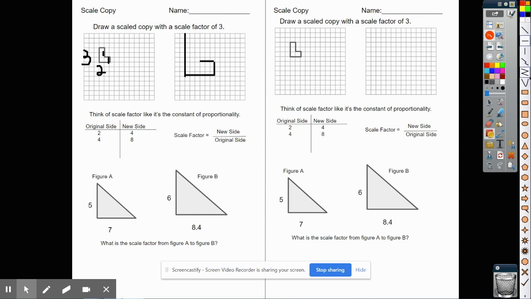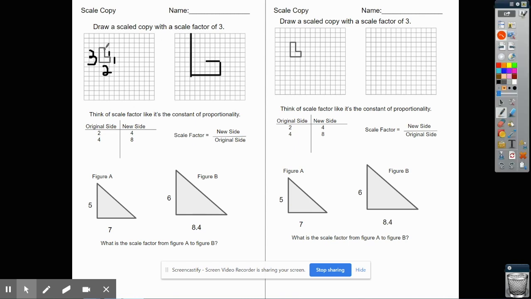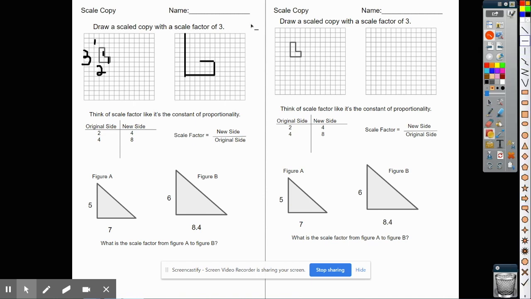At this point, I'm also going to say, how far do I go over on top? Well, I go over 1 there. So it's 1 times 3. So I'm going to go over 3, going back over here. 1, 2, 3.